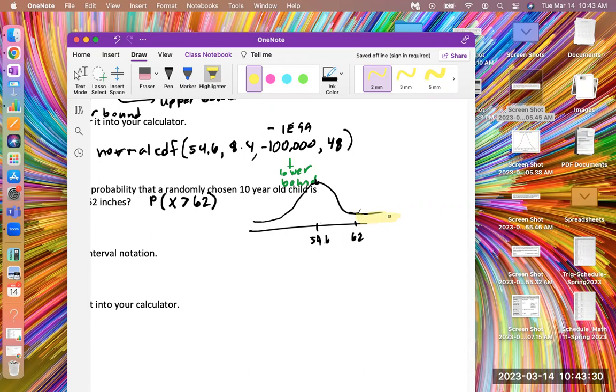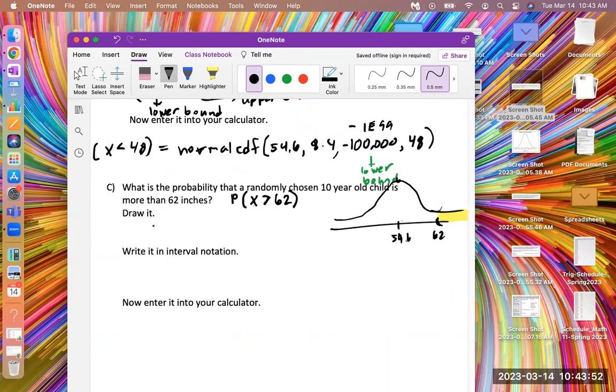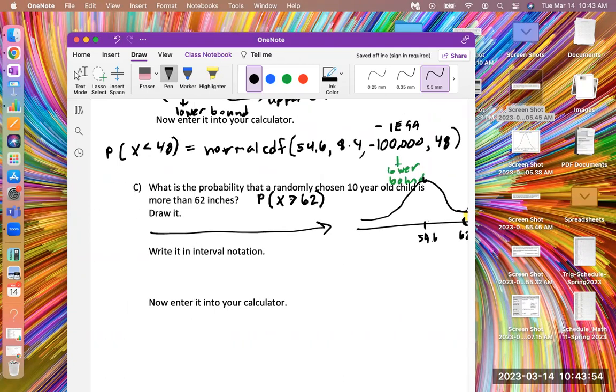Now, we don't really have to calculate that area; we're going to make our calculator do all the hard work. But our biggest job is to correctly describe this area that we want to find under the curve on the x-axis. So let's describe that. We draw it. What are the values larger than 62?